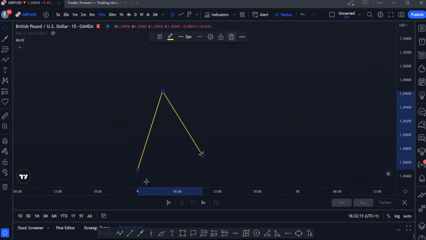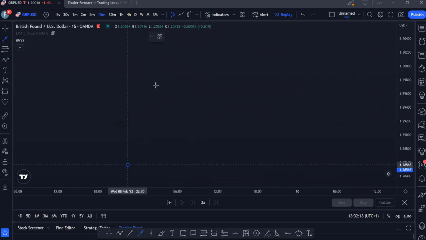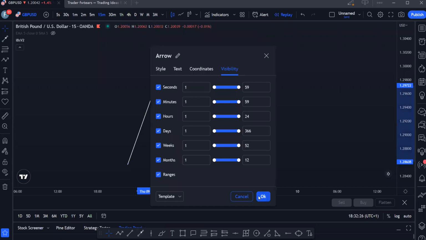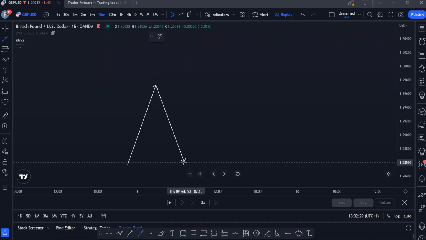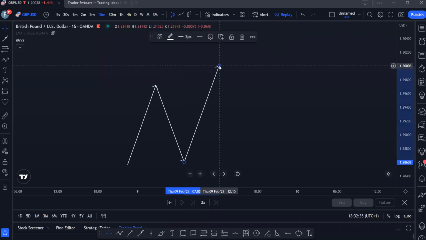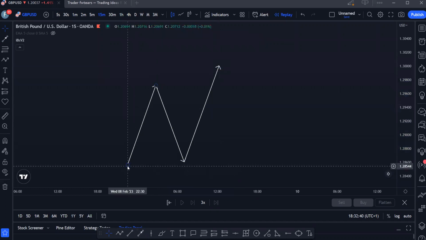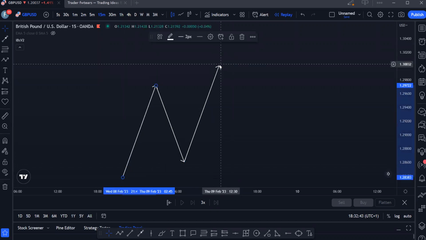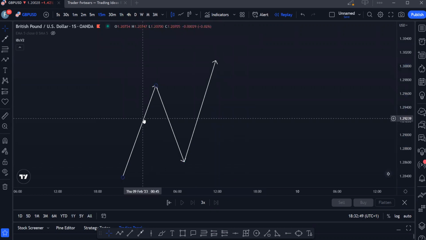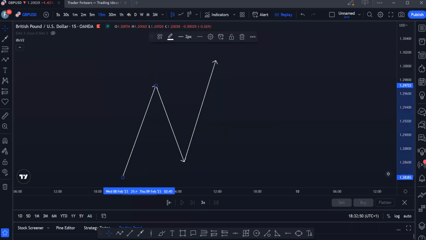Okay, so this is how an uptrend looks. And then we have to label it. The first move in an uptrend is called the impulse move.